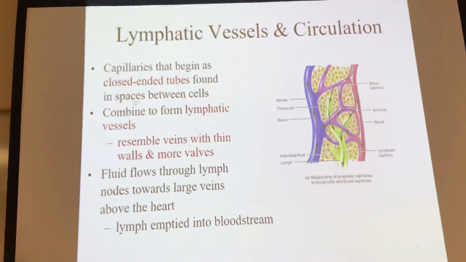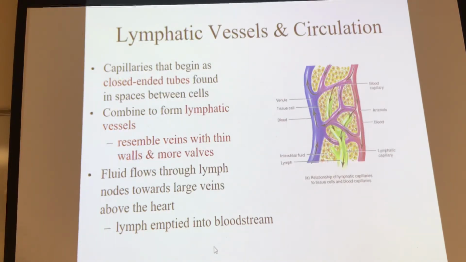So take a look here. They resemble veins, but with thinner walls and more valves. They begin as close-ended tubes, and they're kind of sandwiched between all these different cells right here. Fluid flows from the lymphatic nodes towards large veins and eventually empties into the bloodstream at your subclavian veins.